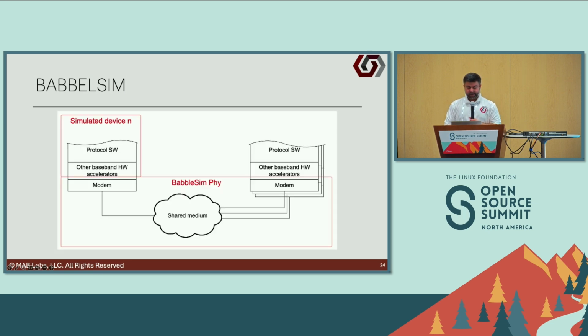This diagram demonstrates how that works. You simulate multiple devices in software, and they share the same PHY. A single BabbleSim application running in the background coordinates all the transmissions and receptions across the different devices.